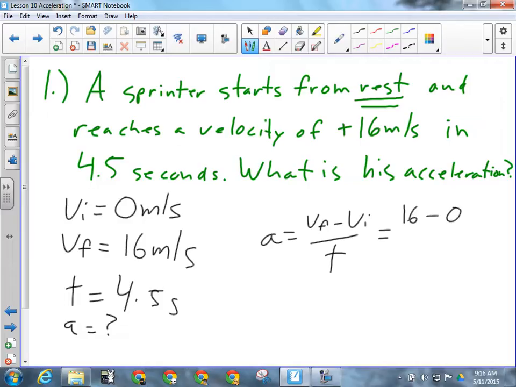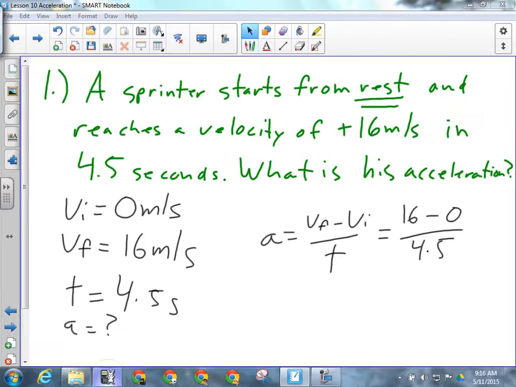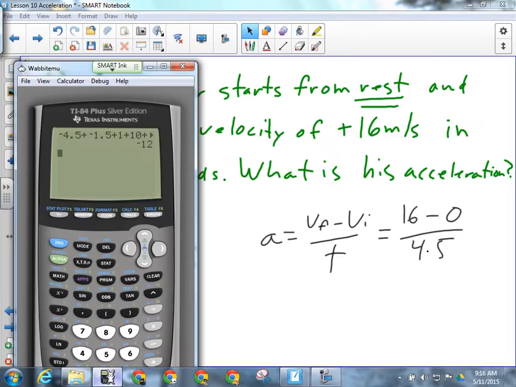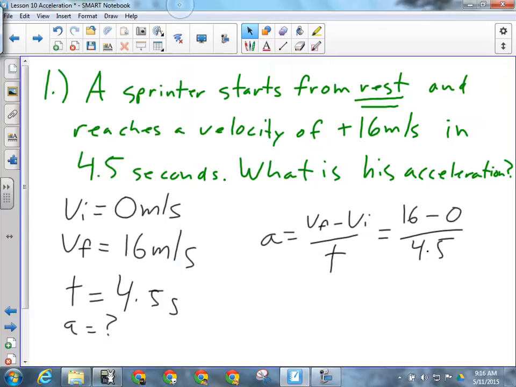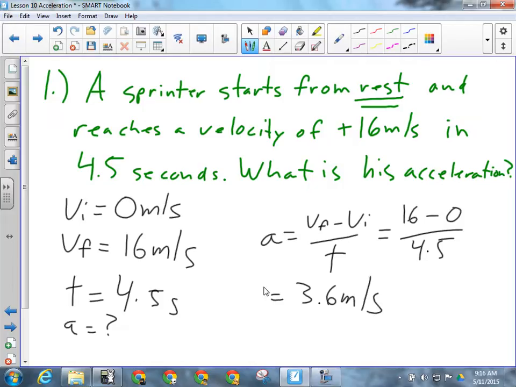So 16 minus 0 over 4.5 will give us our acceleration. All right, so we're looking at 3.6. What are my units? Meters per second squared.